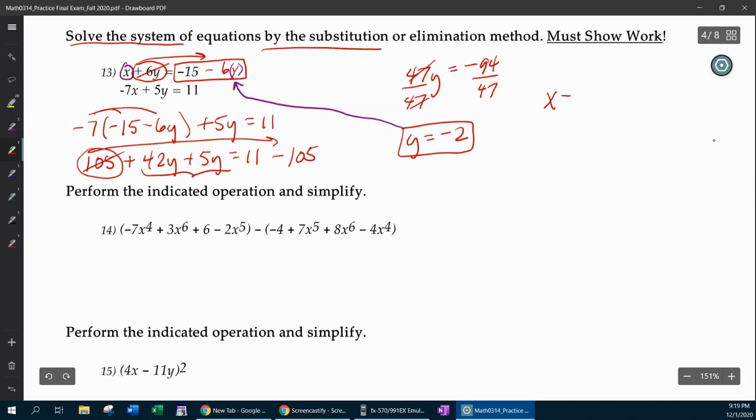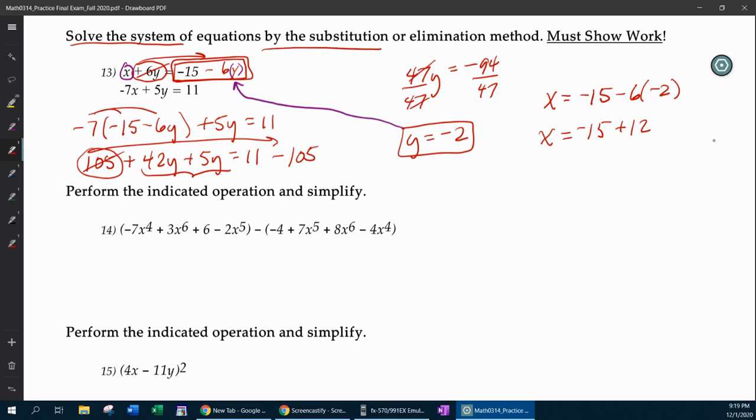So we're going to have x is -15 minus 6 times -2. Where did I get that from? I got it from this box right over here. Negative 15 plus 12. Negative 6 times negative 2 is a plus 12. Negative 15 plus 12 is negative 3. And that is my x.